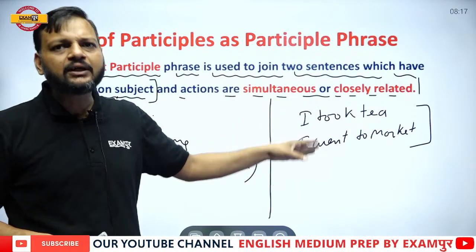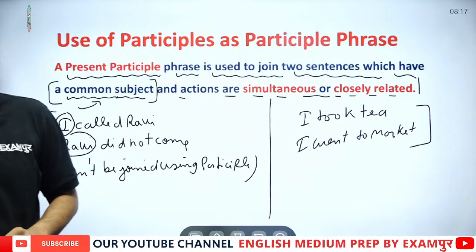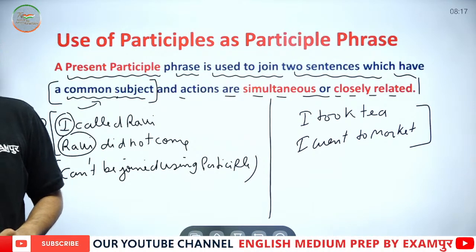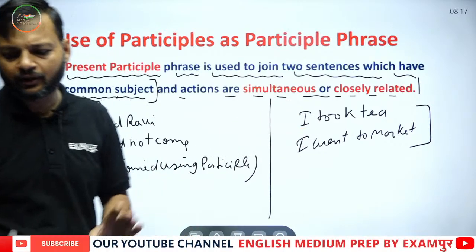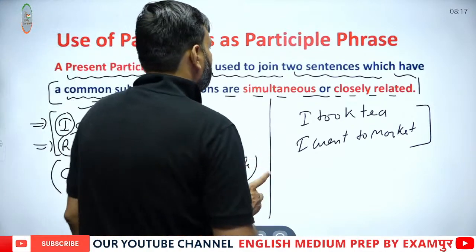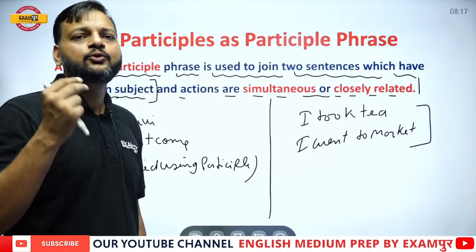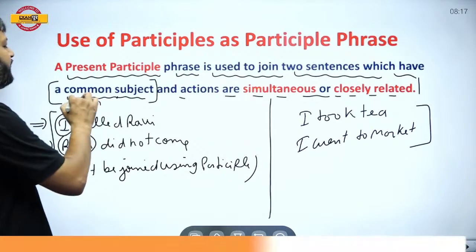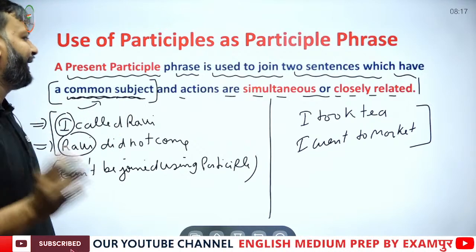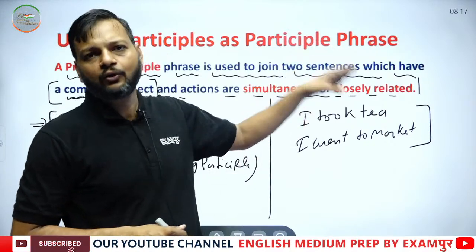So can we use a present participle to join them? No, we can't. Why? Because to use a present participle there are two conditions. First condition is they must have a common subject, and second condition is the actions must be simultaneous or closely related.